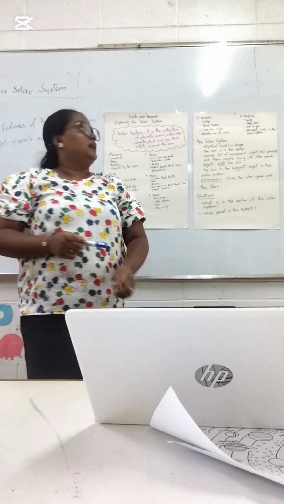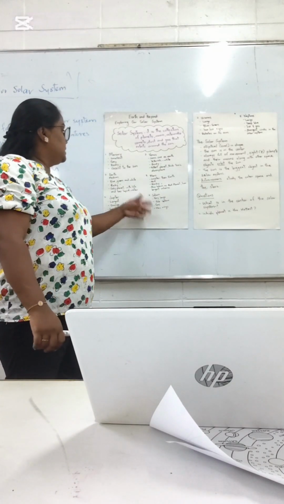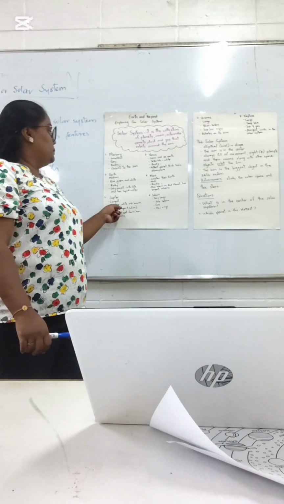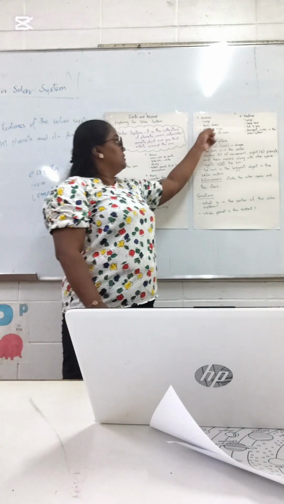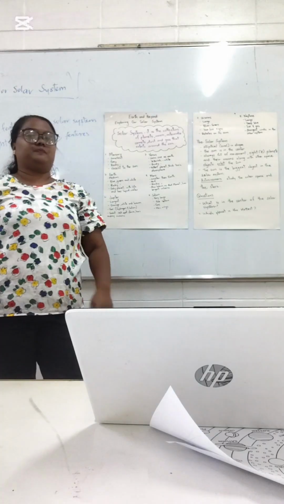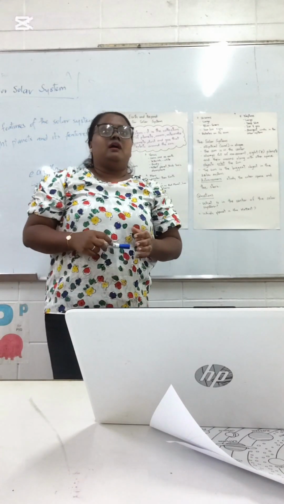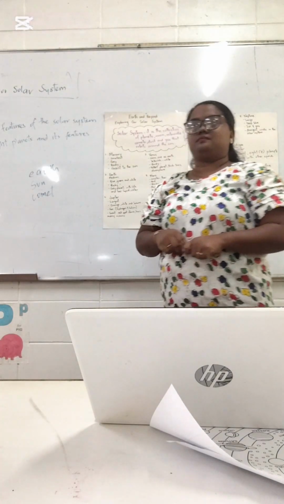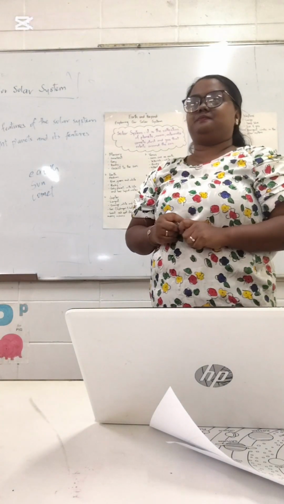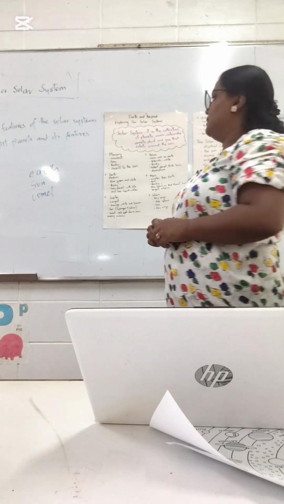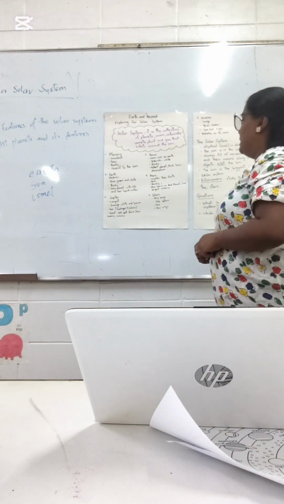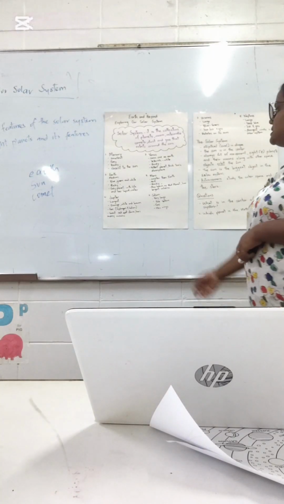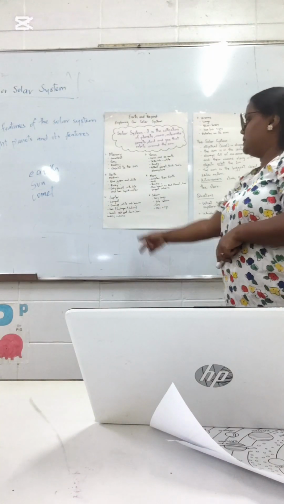Class, so as we see, if we go to the outer part of the solar system, the composition is gas. It is made up of gas. And what else do you find interesting about this? 8 planets. Their color, they have unique color features, and also some have rings, some have many moons.